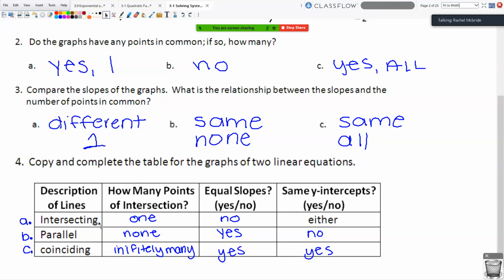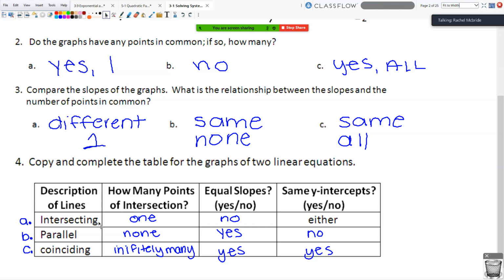Example B represented parallel lines. Parallel lines have no points of intersection. Their slopes have to be the same, and their y-intercepts must be different.